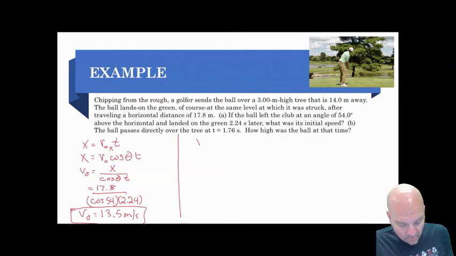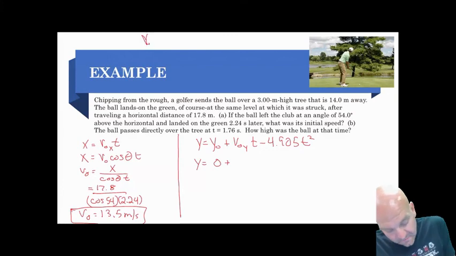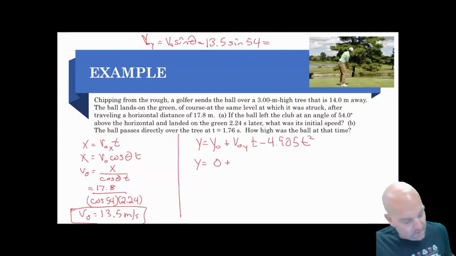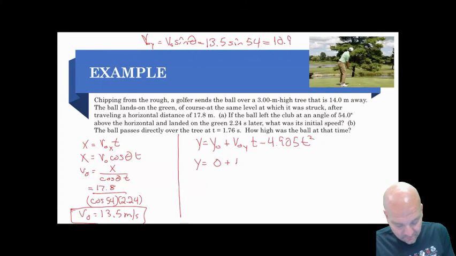Now, why do we need that? Because we can write our y-coordinate equation to figure out how high the ball was at 1.76 seconds. So we're going to say y equals 0 plus v0y, and v0y equals v0 sine theta. So we do 13.5 sine 54. And so it's telling me that my y velocity coming off the club is 10.9.